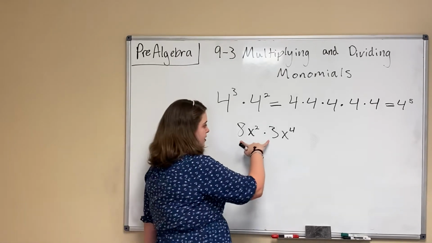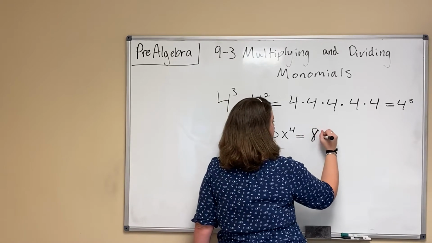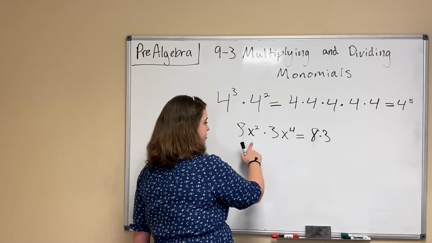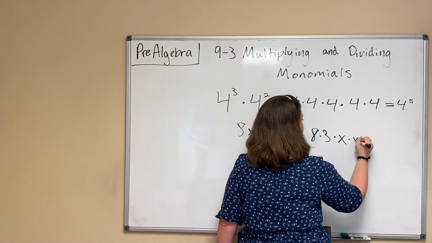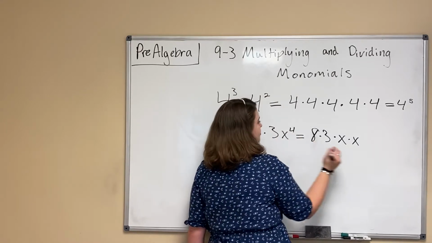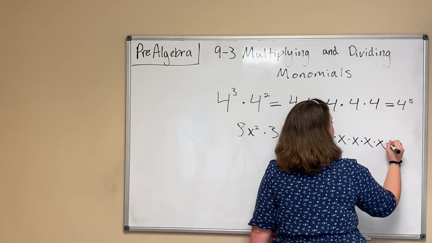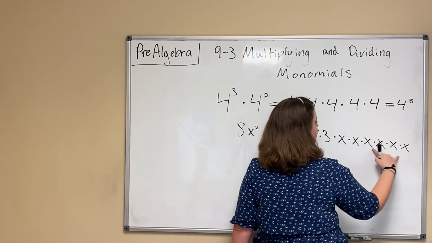I have 8 and 3 as my coefficients, so I'm going to write those out as 8 times 3. Now I have x squared, which is x times x, and x to the fourth, which is x times x times x times x.